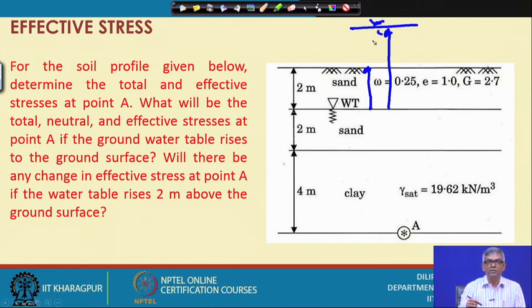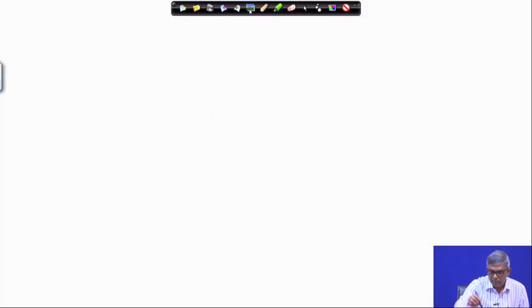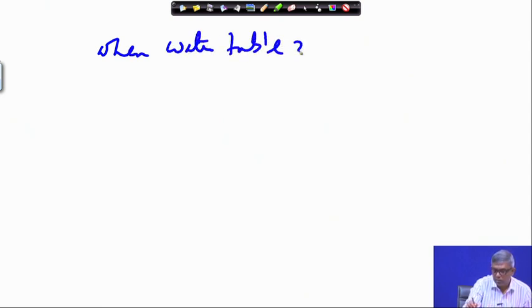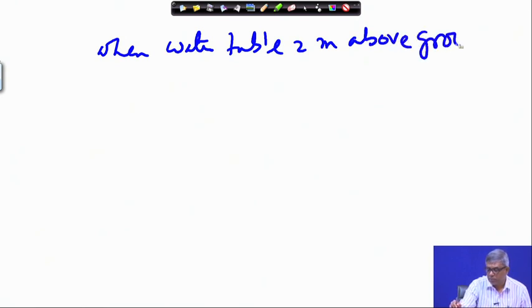So, will there be any change in effective stress? This is the thing we will see now. And so, third case, when water table is 2 meter above ground surface.